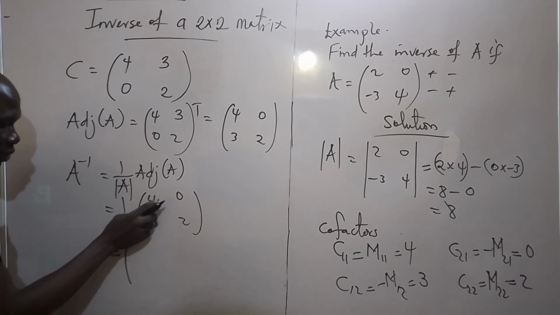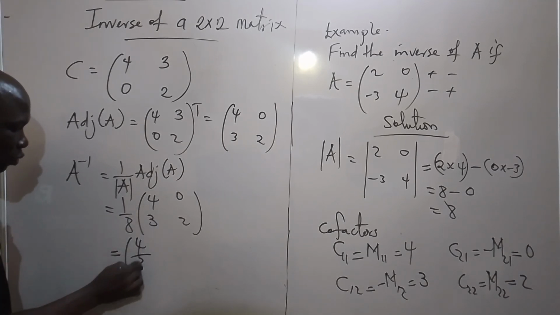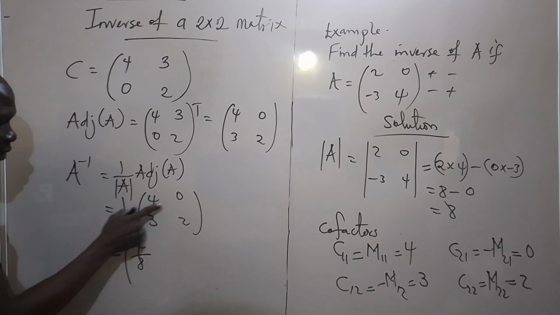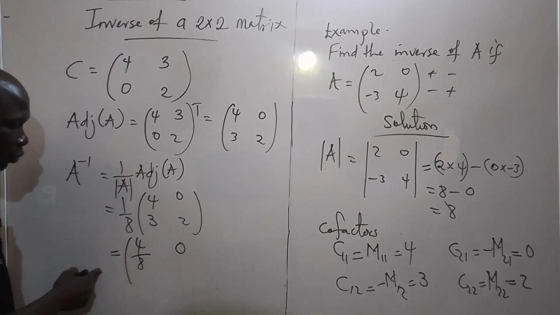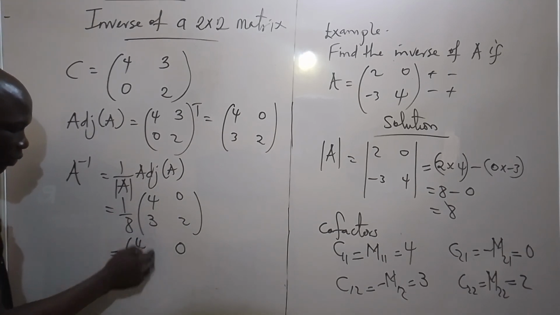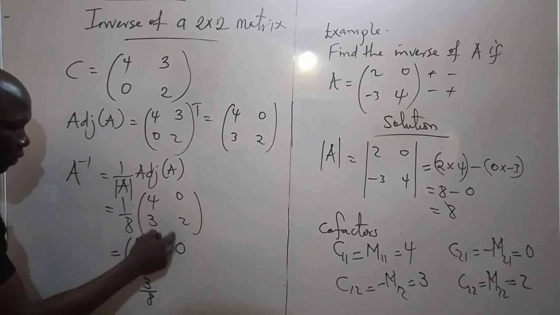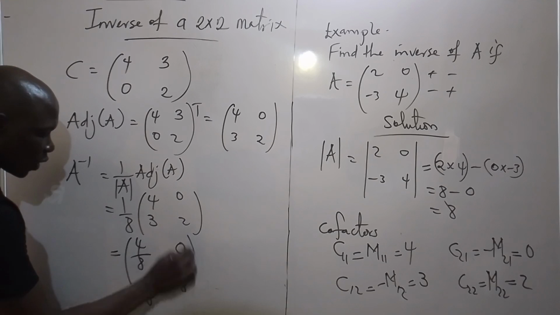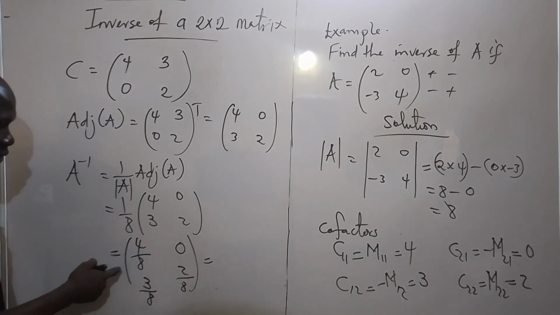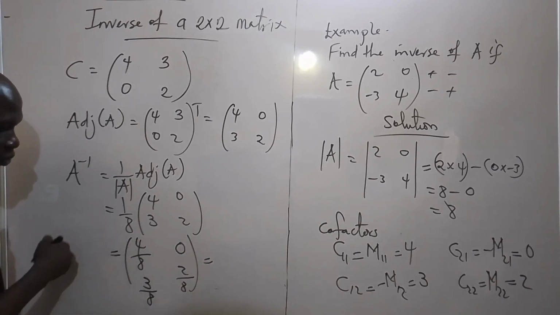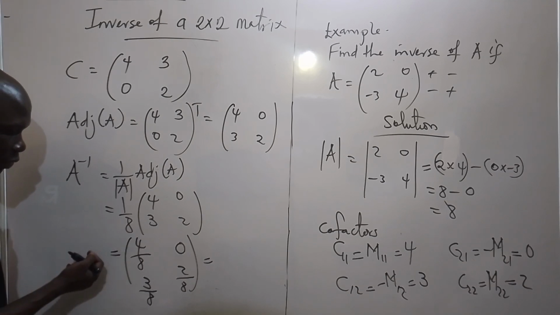So 1 over 8 times 4 is 4 over 8. 1 over 8 times 0 is 0. 1 over 8 times 3 is 3 over 8. 1 over 8 times 2 is 2 over 8. If you notice that the fractions can be reduced to their lowest terms, you can go ahead and do that.